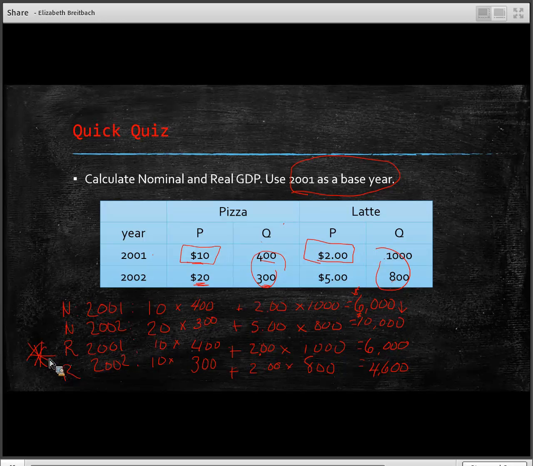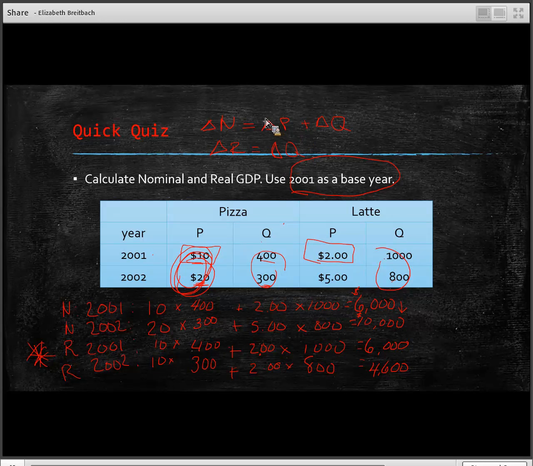It's telling us, well, prices went up. That's what nominal GDP was measuring. Changes in our nominal GDP are partially due to changes in prices and partially due to changes in quantity, whereas real GDP only takes into account changes in quantity.